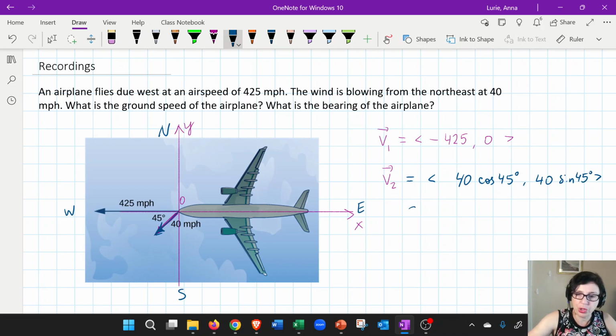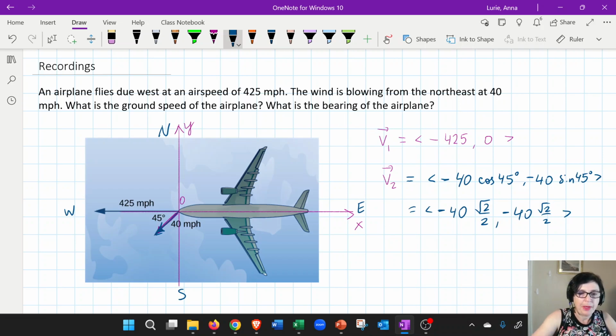Based on the unit circle, cosine of 45 degrees is square root of 2 over 2, and sine is also square root of 2 over 2. This would have been correct if the vector was in the first quadrant, but it is clearly in the third quadrant, where we have negative x and negative y, so the negatives go right here.